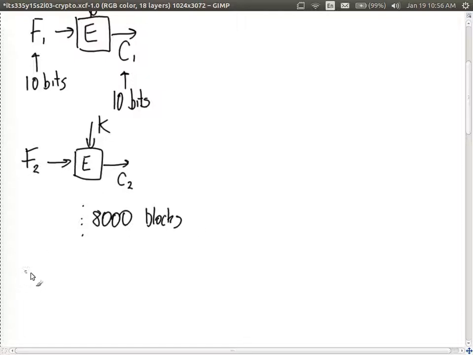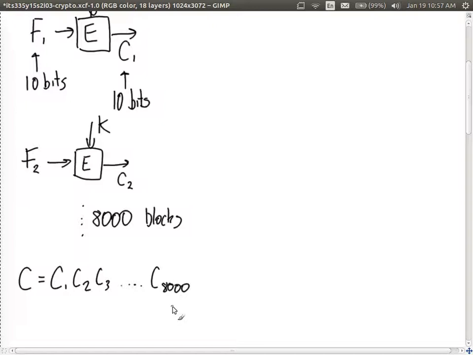And as an output, the final ciphertext is just the first chunk followed by the second chunk, followed by, at the end, the 8,000th chunk. So this is just highlighting the point that we operate on blocks. The algorithms are designed to be secure and perform well for fixed size blocks.